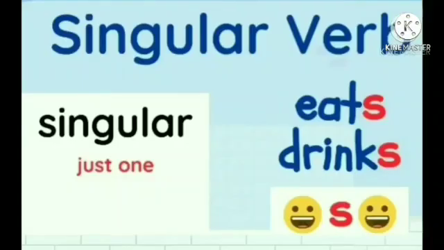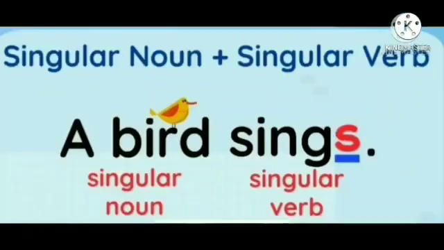So a singular verb wants a friend. That's why we are putting an S or ES at the end of the singular verb. Okay? It is easy when you keep this one in your mind. So, a singular verb always has an S or ES at the end. Example, eats, brings, etc.